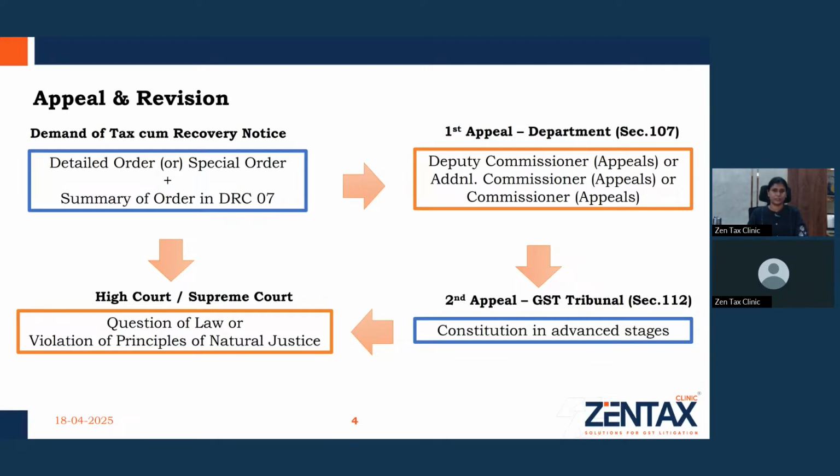However, while taking proceedings to High Court or Supreme Court, we cannot argue against the facts of the case. We can only go to High Court or Supreme Court when there is any question of law, or when there is any violation of principles of natural justice.